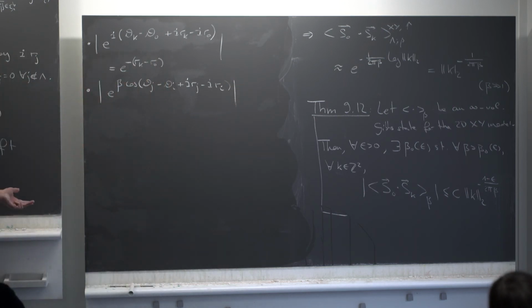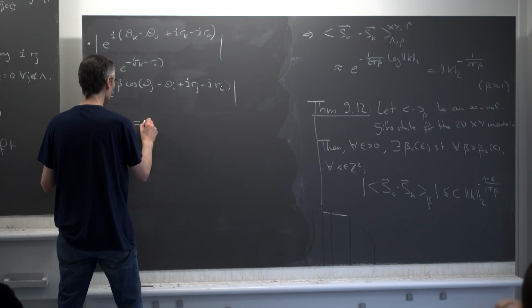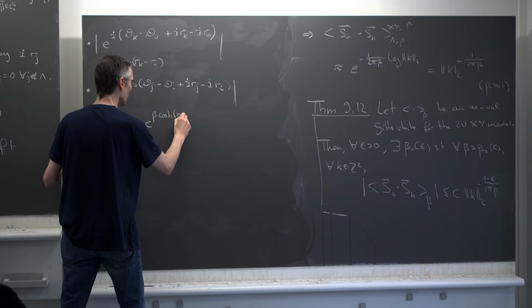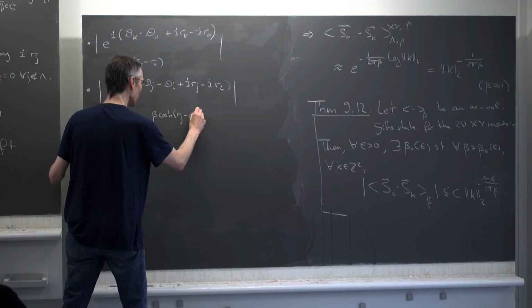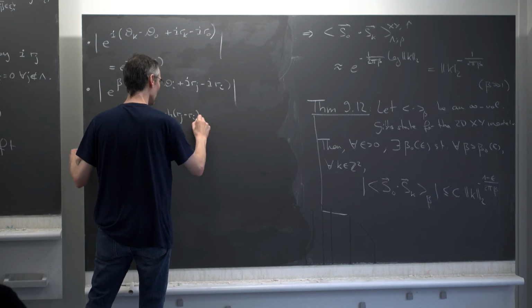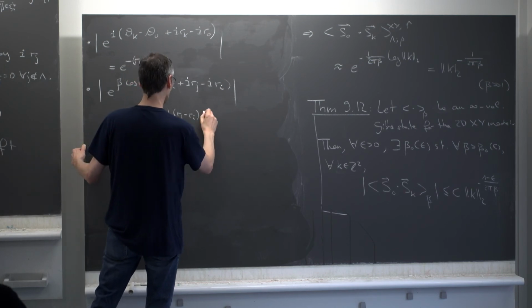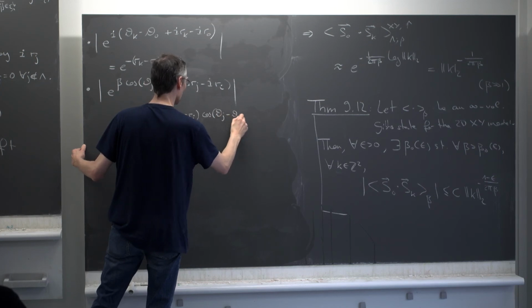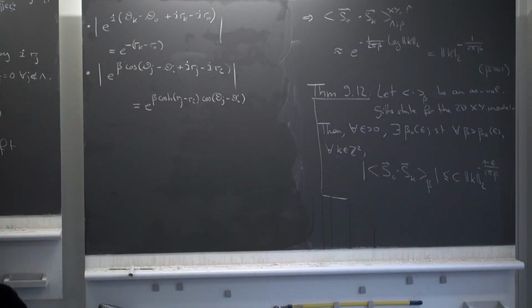So this you compute again explicitly. This gives you e^{β cosh(r_j − r_i) cos(θ_j − θ_i)}. Just a simple identity. Okay.